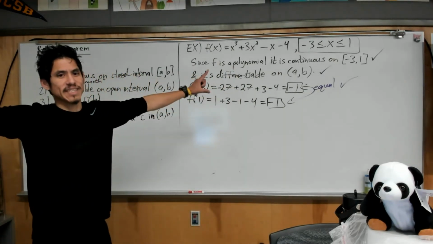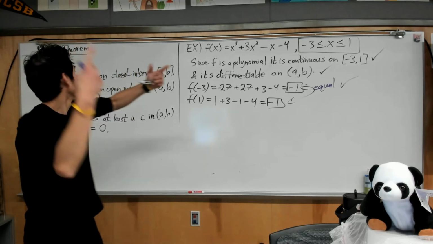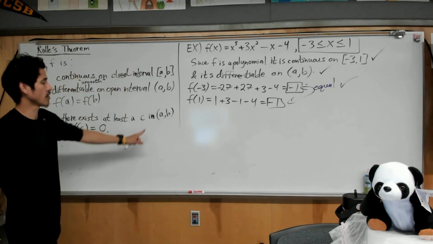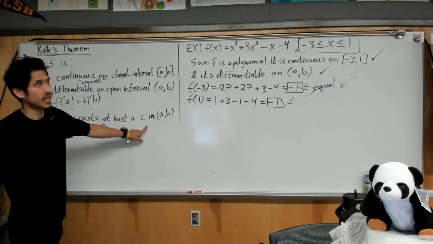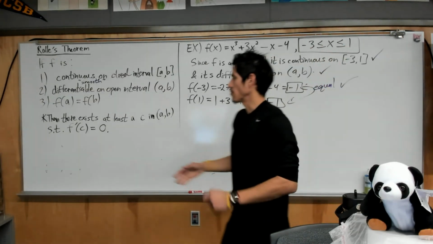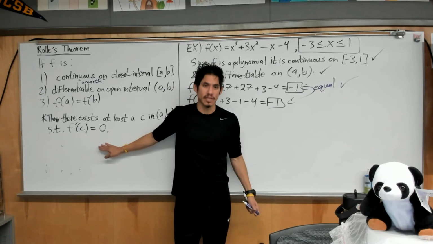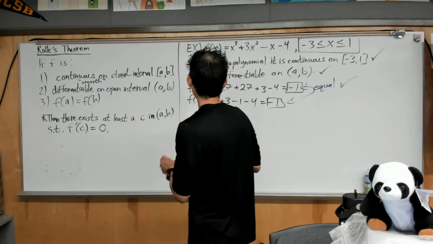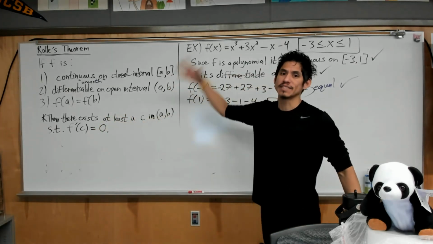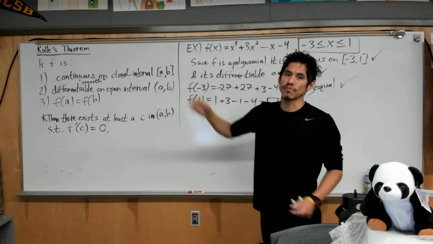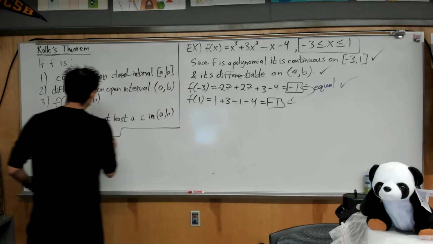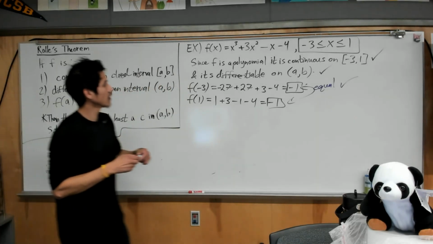But that's just what we need to do before we can say that there's going to be a c value, or another value of x, between -3 and 1 where there is a horizontal tangent line. So let's find the derivative and then set the derivative equal to 0 and solve for those zeros. I'm going to separate this so it doesn't interfere.